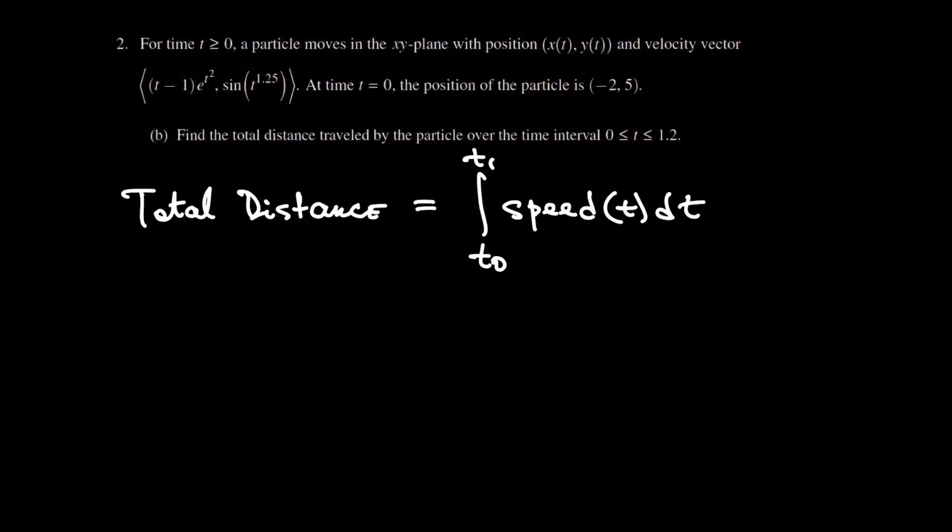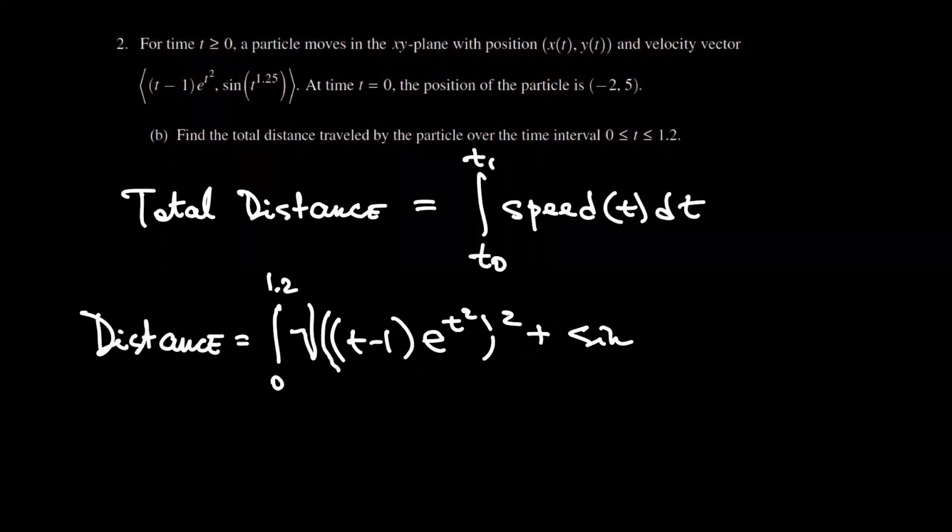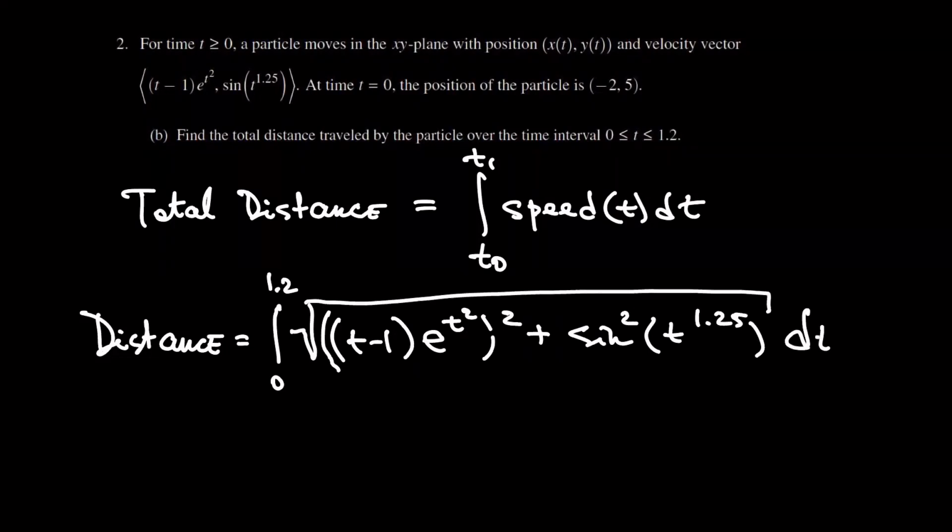In our case, we had the expression for speed in the previous question, and the integral is from 0 to 1.2. So in our case, distance is equal to the integral from 0 to 1.2 of the square root of ((t minus 1) e to the power t squared) squared plus (sine of t to the power 1.25) squared, dt.